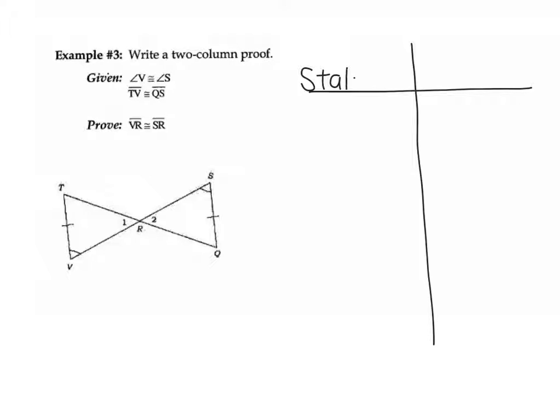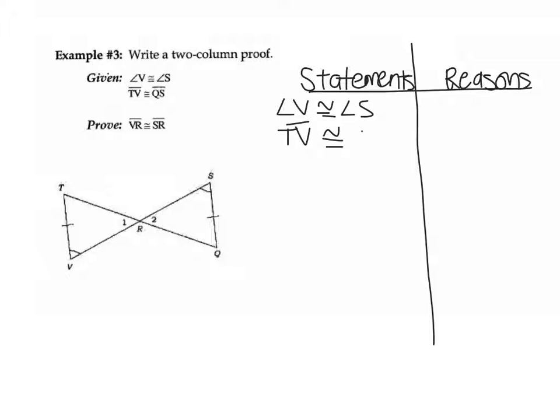We have our statements and our reasons. So we go ahead and state what we're given. Angle V is congruent to angle S, and TV is congruent to QS. That's our given, which is labeled in our picture.